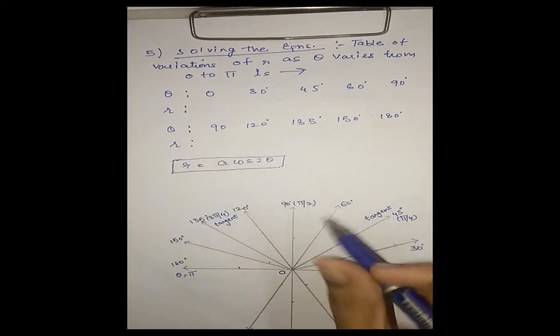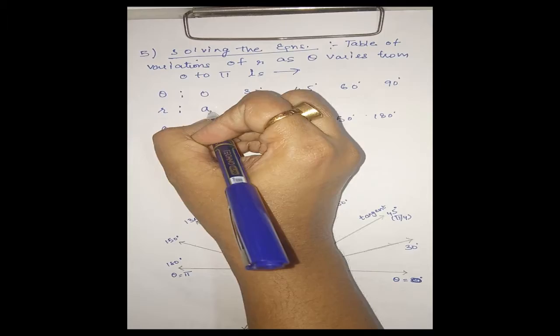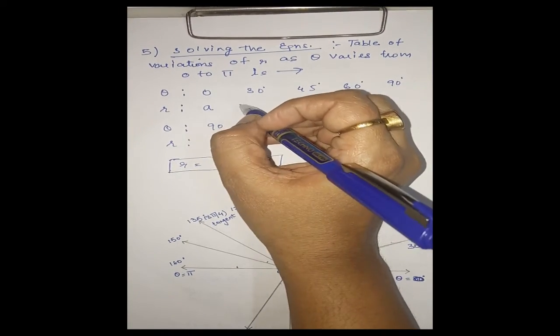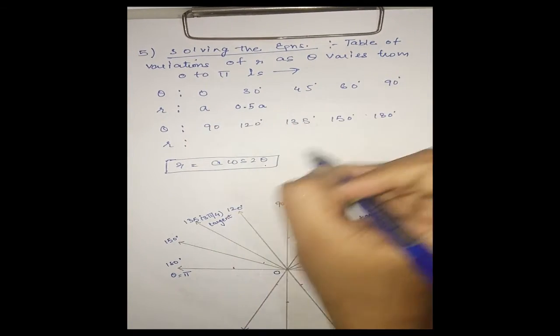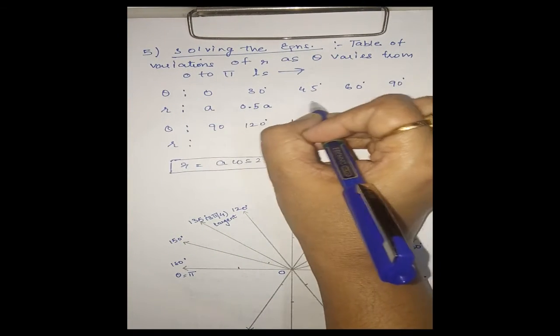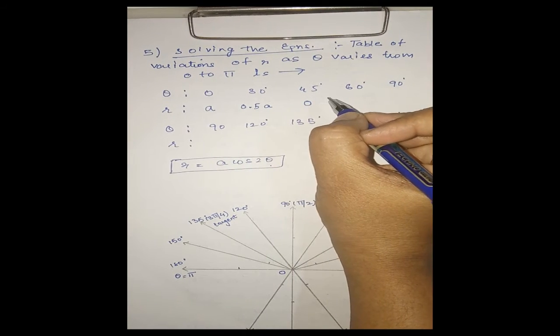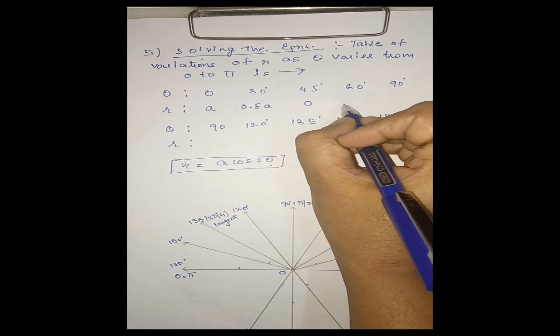Now when theta is 0, cos 0 is 1, therefore r will be a. When theta is 30, cos 60 is 1 by 2, that is 0.5 a. Cos 90 is 0, therefore when theta is 45, r is 0. In the same way we can calculate the other values.